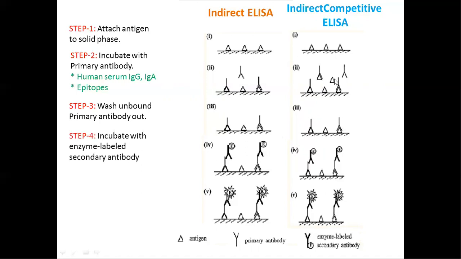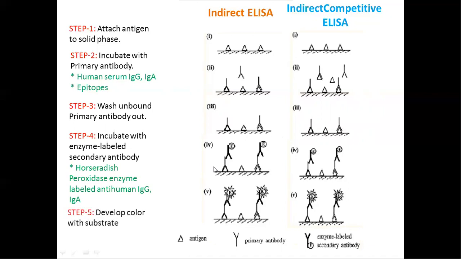Step 4. Now we add enzyme-linked antibodies or secondary antibodies which bind at different epitopes of primary antibodies. Here we use horseradish peroxidase enzyme labeled anti-human IgG and IgA antibodies as secondary antibodies. Step 5.